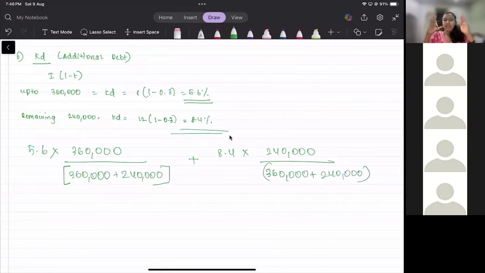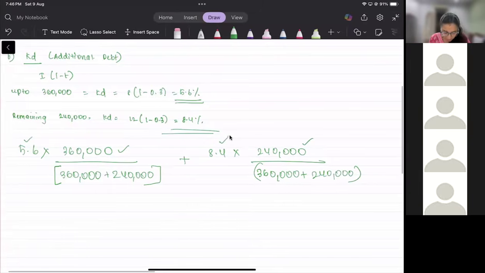We have just taken the weighted average. That is, for 3 lakh 60,000 it is 5.6, and for 2 lakh 40,000 debt it is 8.4 percentage. So we have just taken the weighted average cost.